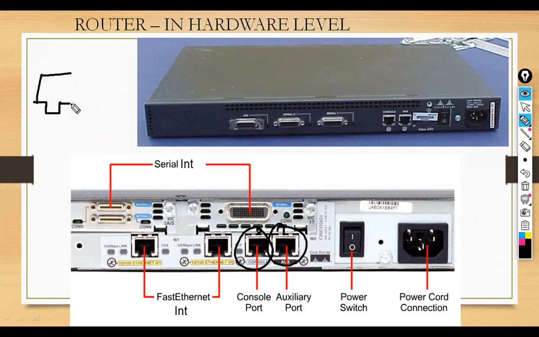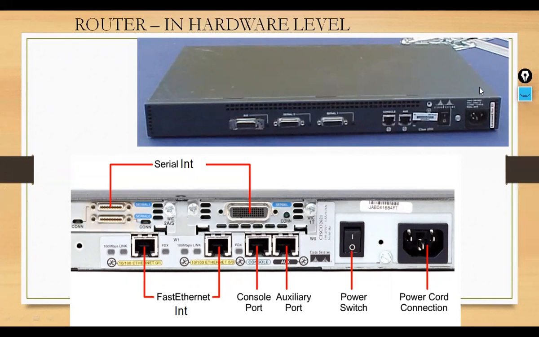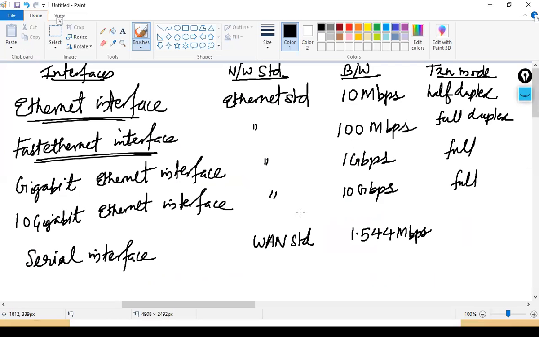Clear? So you can directly plug the RJ45 pin into it. Now you can see the serial interfaces. To connect those serial interfaces, serial cables are used. And again, serial connection we use to connect to WAN.